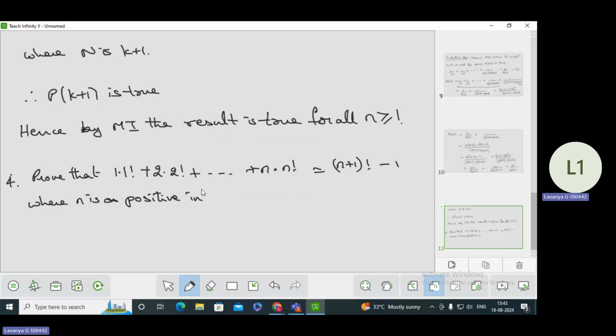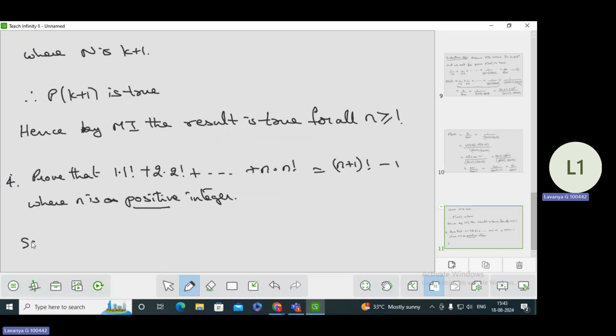This word is very, very important for us to determine our basis. If the word is positive integer, you have to start with 1. If it is non-negative integer, you have to start with 0.